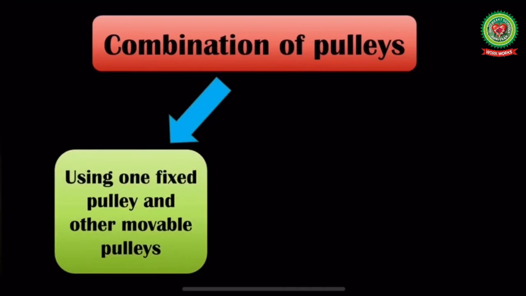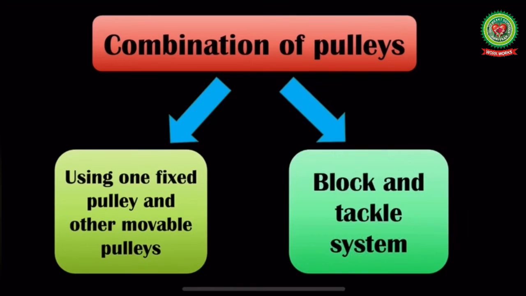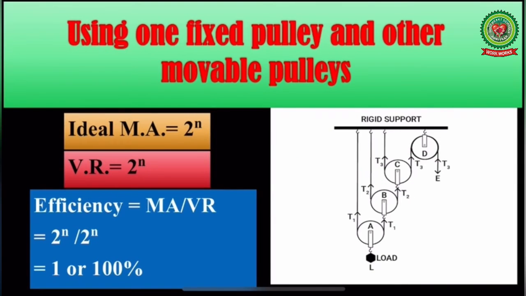The next topic is combination of pulleys. Pulleys are combined in two ways. The first way is using one fixed pulley and other movable pulleys, and the second way is the block and tackle system. So let us discuss the first way first, using one fixed pulley and other movable pulleys.